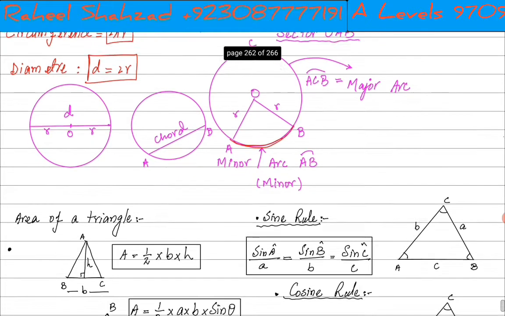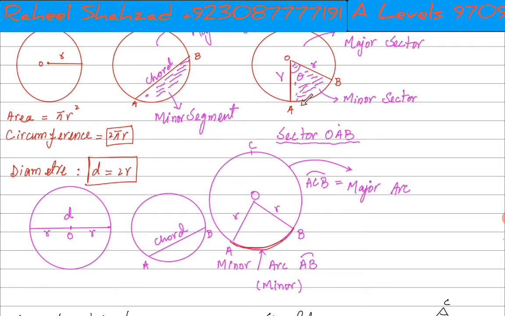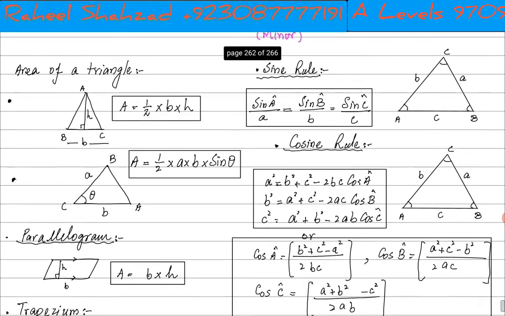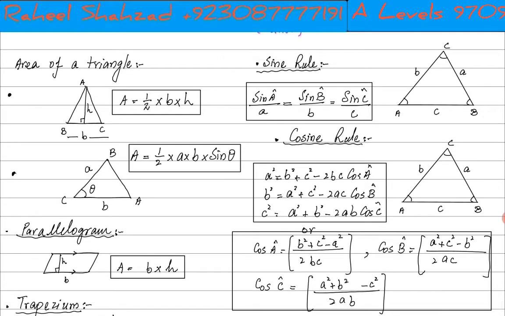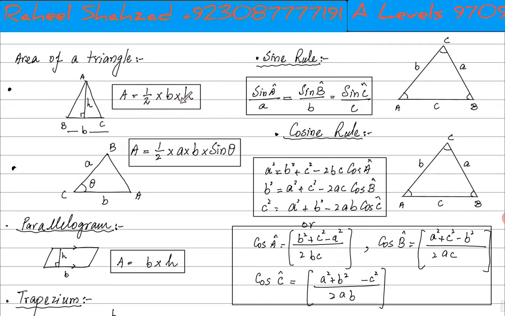After understanding the difference between sector, segment and arc, let's introduce a couple of formulas that we will be using. The area of a triangle is 1/2 ab sine theta.